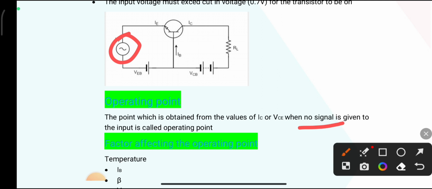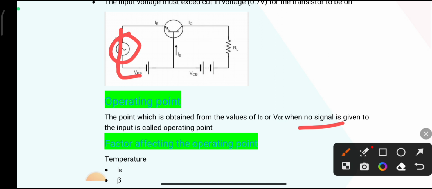The connection is like this: we connect the battery VEB directly to the emitter terminal and the base terminal. So here the AC signal is removed.